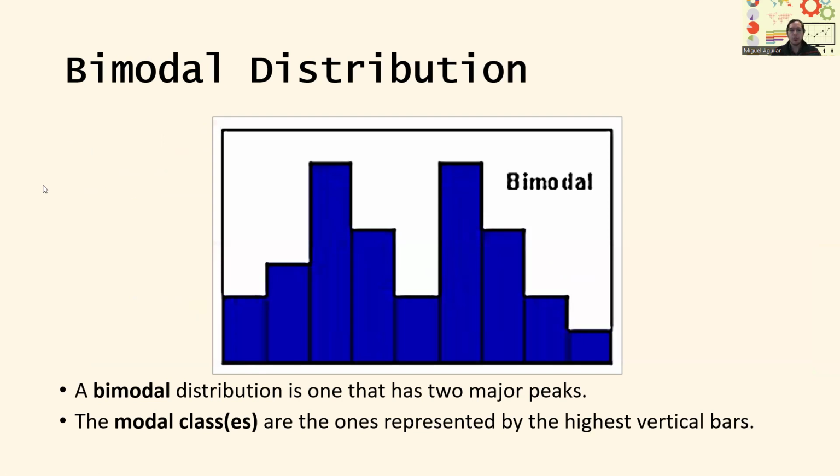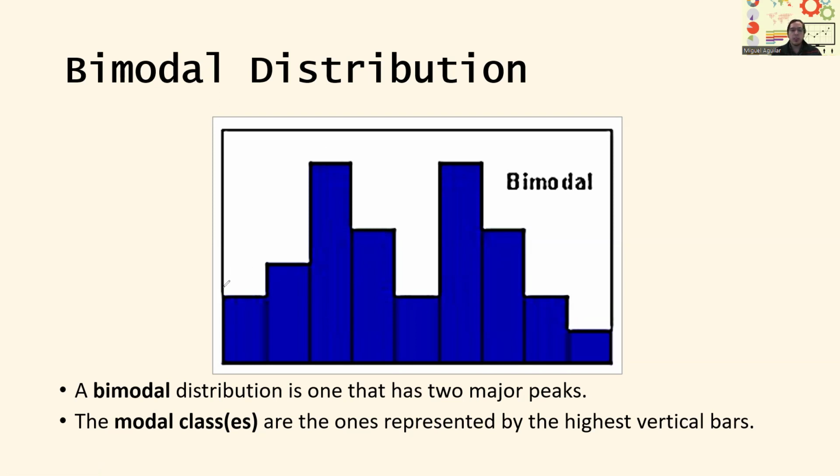A bimodal distribution is a distribution that has two major peaks. So again, as I said in the previous descriptions of graphs, the modal class is the one that has the highest vertical bar, that is the highest frequency.